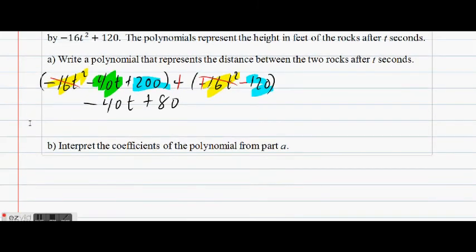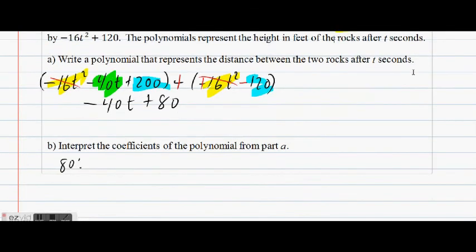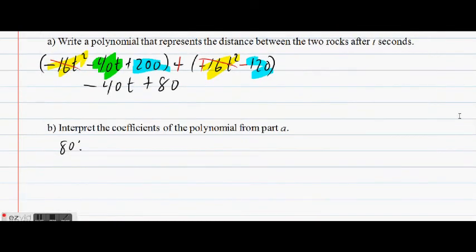Now here's where it starts to get a little interesting. Interpret the coefficients. We want to interpret the coefficients of the polynomial from part A. So what does the 80 represent? Remember what they said. They said you were 200 feet off the ground. Your buddy was 120 feet off the ground. So what would the 80 represent?